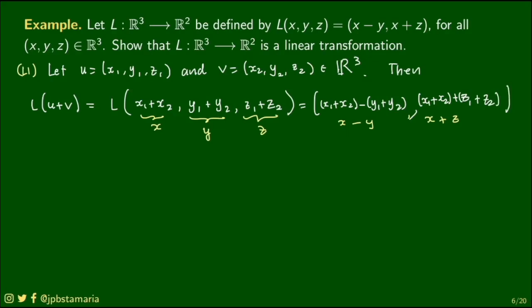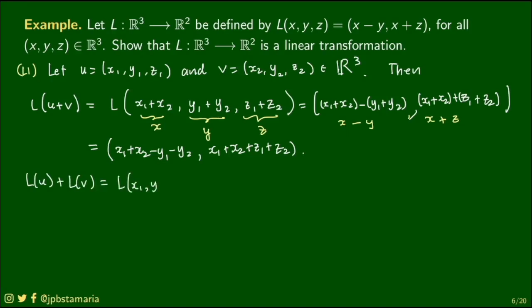If I simplify this expression, as you can see, this will become (x1 plus x2 minus y1 minus y2, x1 plus x2 plus z1 plus z2). On the other hand, if we look at L of u plus L of v, we will be having L of (x1, y1, z1) plus L of (x2, y2, z2).